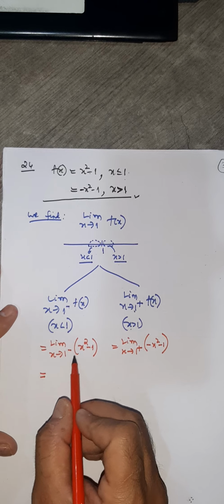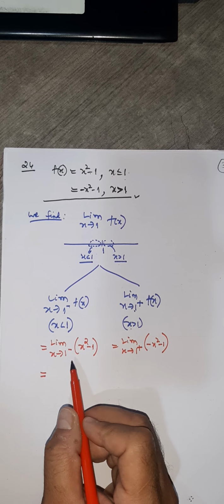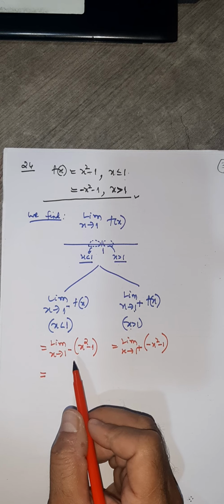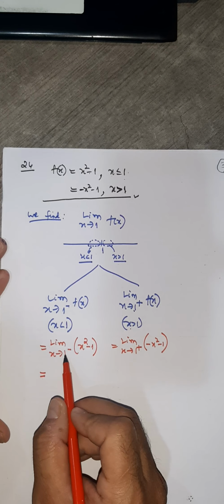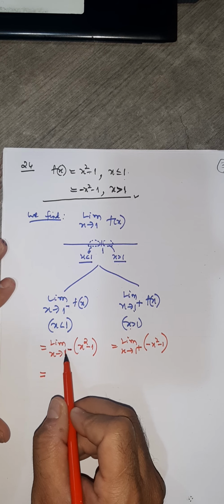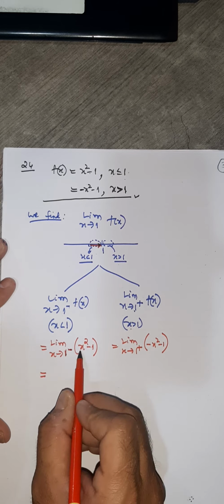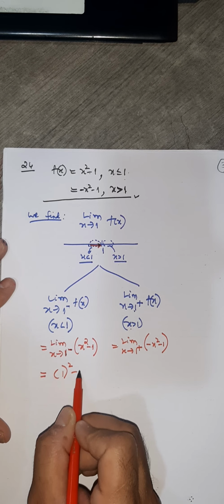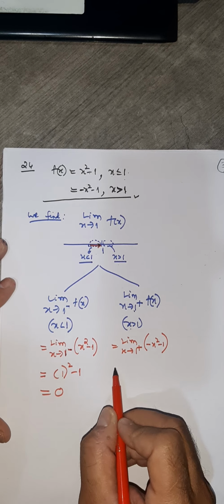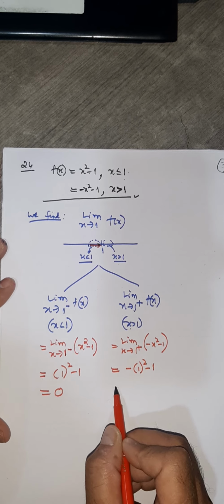Now apply the limit here. You don't have to put minus 1 for 1 minus. Remember, you have to put 1 only. Again I'm emphasizing, don't get confused that this is minus 1. This is not minus 1. This is 1 only. This indicates that here x is less than 1 and close to 1. You are going to put 1 only. 1 squared minus 1, so this is 0. Put 1 here. Minus 1 squared minus 1. So minus 2.